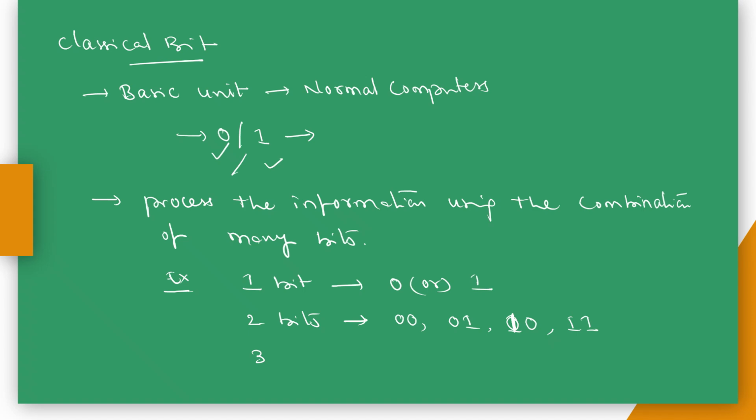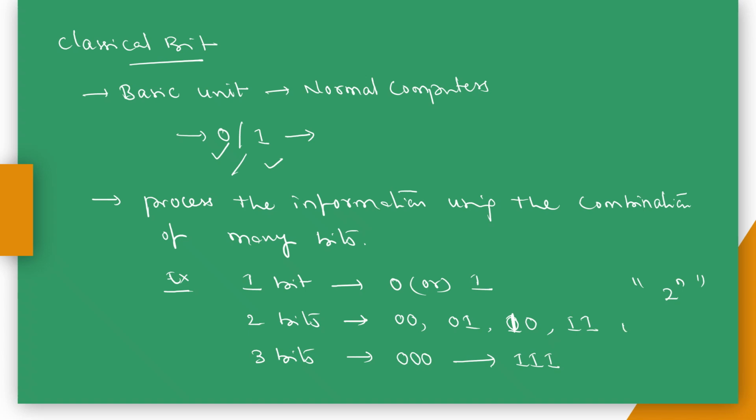In the case of 3 bits, we have 8 possible states starting from 0 0 0 to 1 1 1. So the formula is 2 power n: if we have n bits, we have 2 power n states. For example, 1 bit is 2 power 1, 2 bits is 2 power 2, 3 bits is 2 power 3.